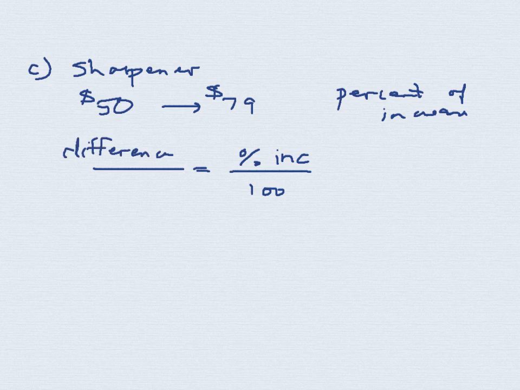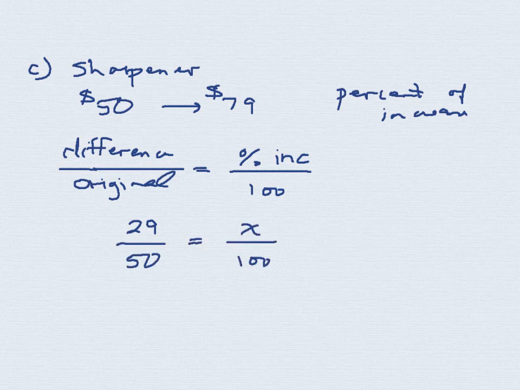In this case, it's money, so it's value. And the bottom always goes the original number. So in this question, the item went up by $29. 29 is the difference. The original is the $50. We solve for this. We're going to get the percent increase.